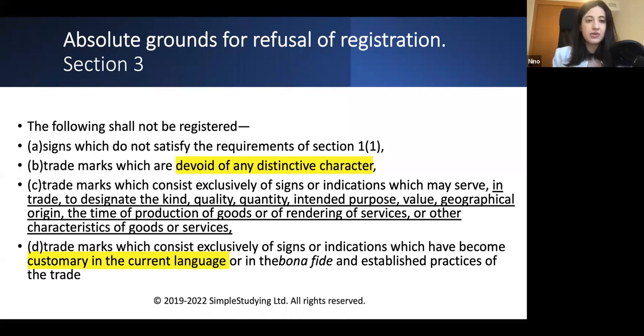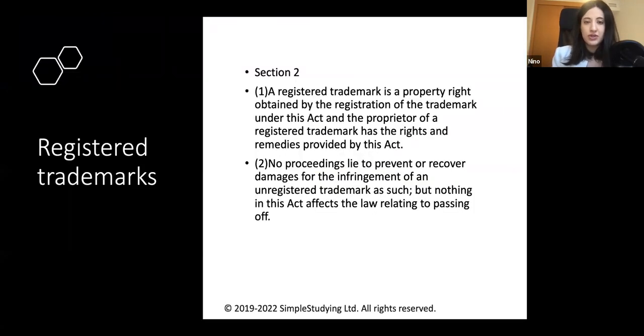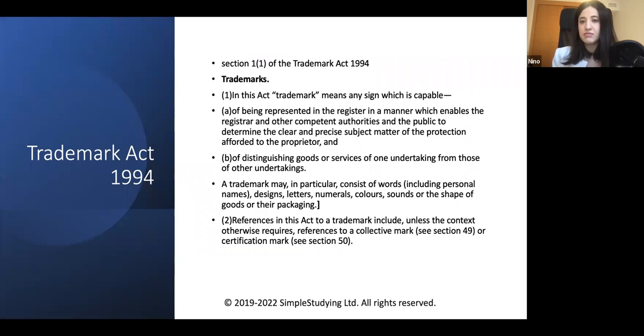The following shall not be registered: signs which do not satisfy the requirements of Section 1, which we discussed earlier, has to be represented in the eyes of the public and relevant authorities as something clear, precise subject matter, distinguishable goods or services. It consists of words, designs, letters, numerals, colors, and so on.